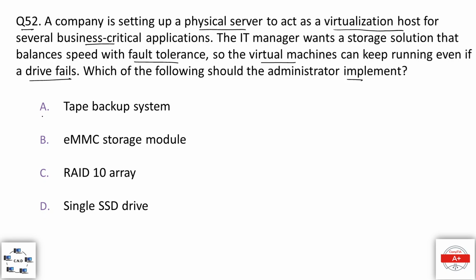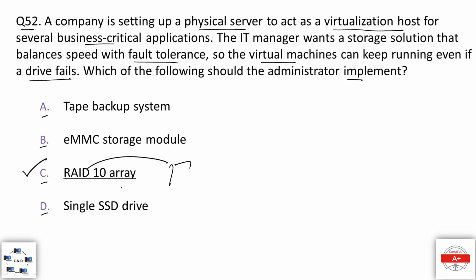Option A, tape backup system, option B, eMMC storage module, option C, RAID 10 array, and option D, single SSD drive. And the correct option is option C, RAID 10 array. RAID stands for redundant array of independent disks.